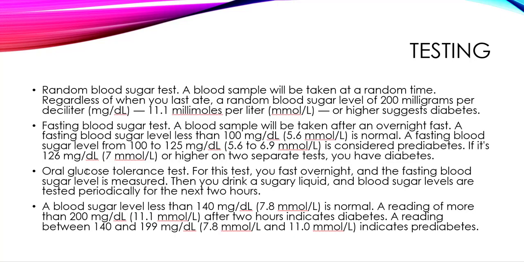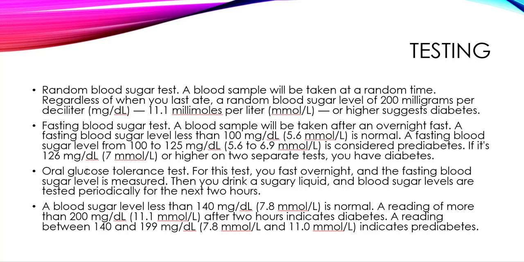Another way to screen for diabetes is to use a random blood sugar test. And by random, what is meant is that the patient doesn't prepare in any way. And if that result is a level of 200 milligrams per deciliter or more, then that suggests that a patient might have diabetes and needs to have further testing.